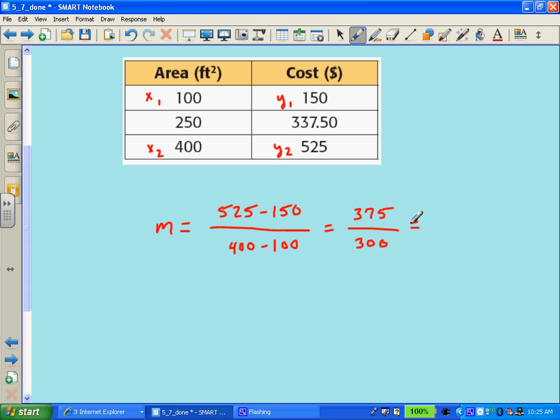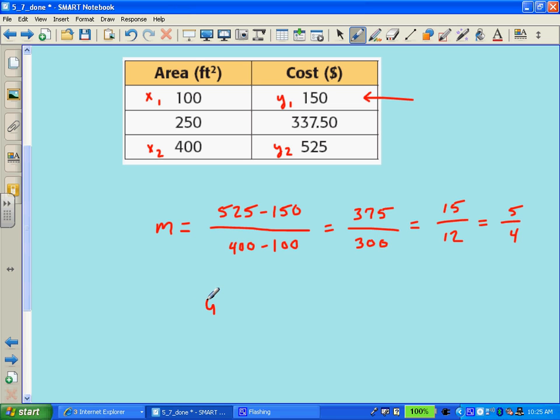I'm thinking I can probably reduce that. So 25 goes into both of those. Goes into 300, let's see, 12 times. 375, 15 times. And then I can take a 3 out, so that would be 5 over 4. So my slope would be 5/4.